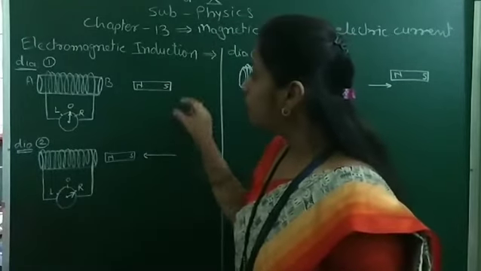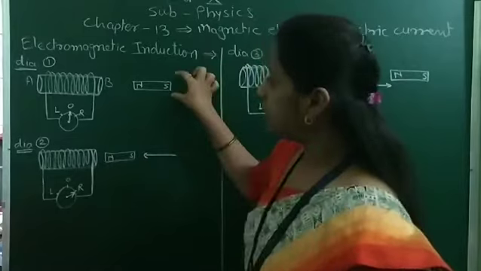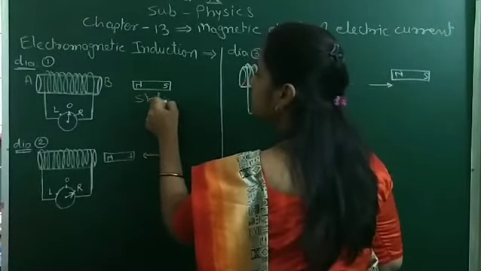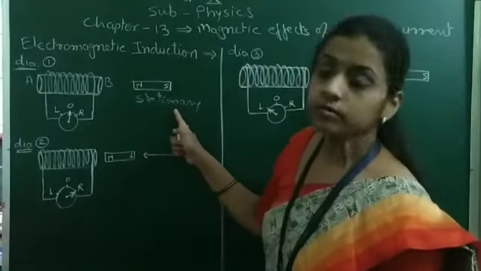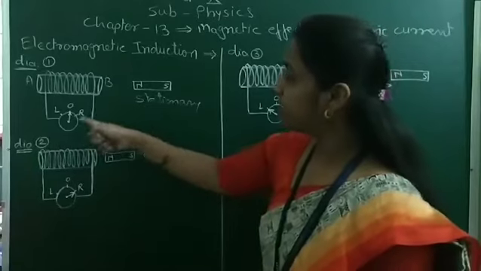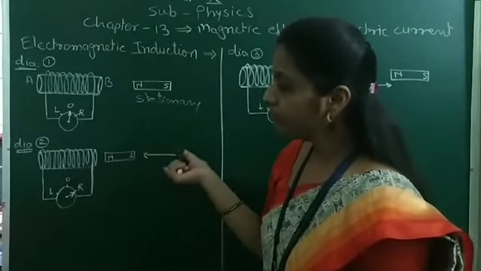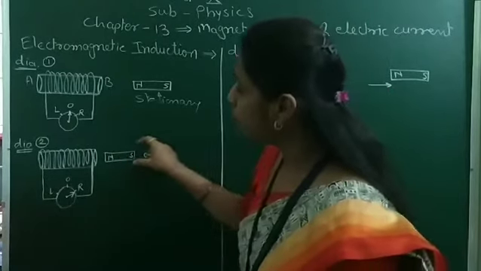Now we move this bar magnet towards the coil. Initially the bar magnet is stationary, and therefore the galvanometer shows 0 deflection. Now the bar magnet moves towards the coil.